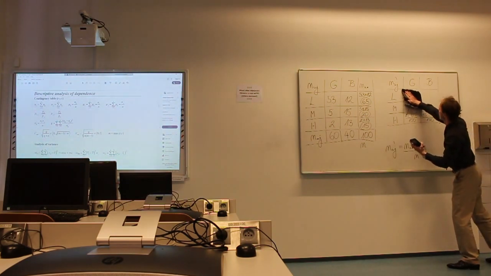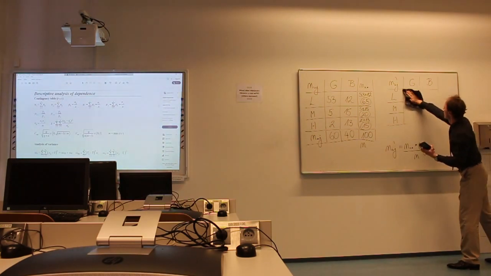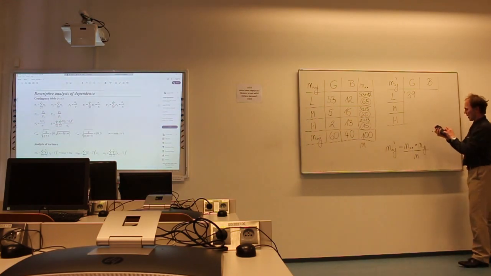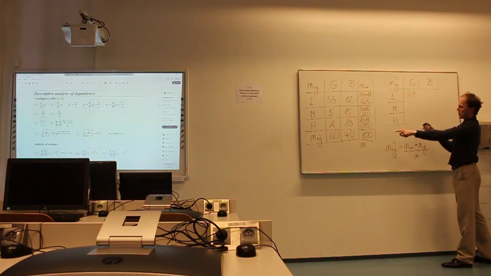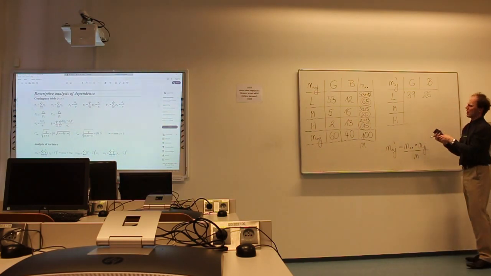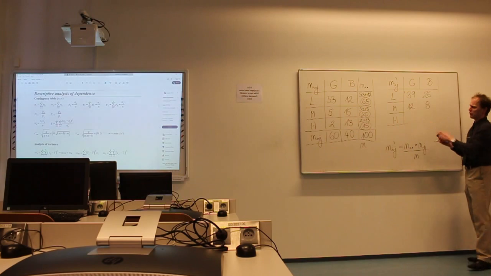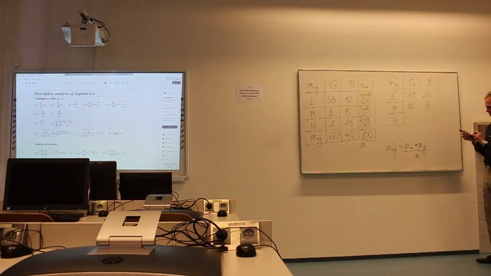I will delete these values and there will be the result 39. 65 times 40 divided by 100 is 26. 20 times 60 divided by 100 is 12. 20 times 40 divided by 100 is 8. 15 times 60 divided by 100 is 9.